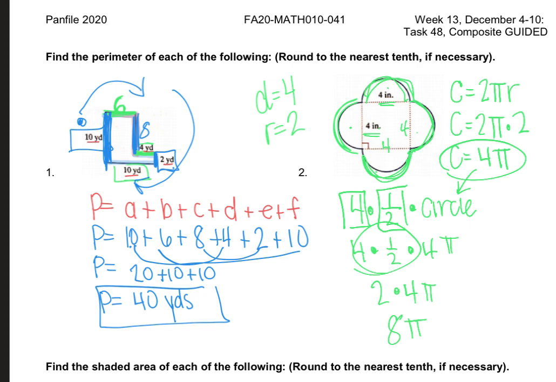Sorry, I don't want to use P, I want to use C here. 8 times 3.14 is going to be 25.1, and that is rounded. Make sure you round. And we are in inches.